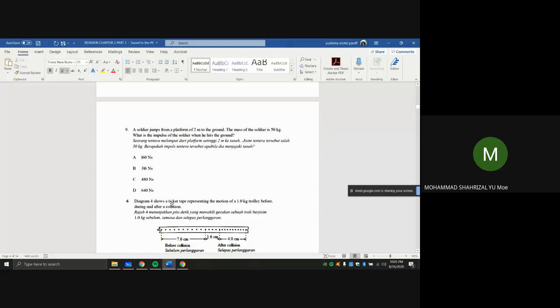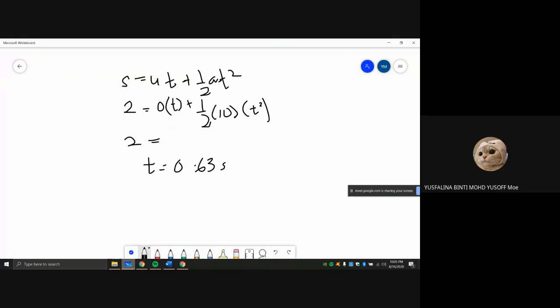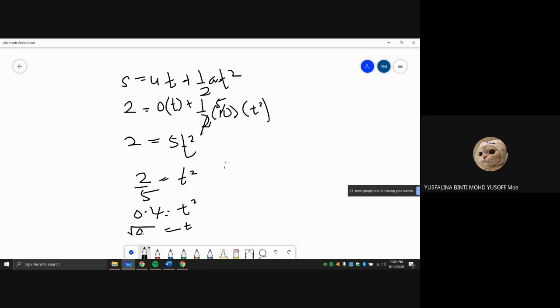So this one we can cut it down. It becomes 5, right? So 5t square. And then 2 divided by 5 is t square. So 2 over 5 is 0.4. So t square, so t is square root of 0.4.